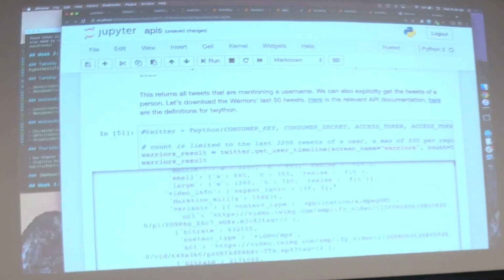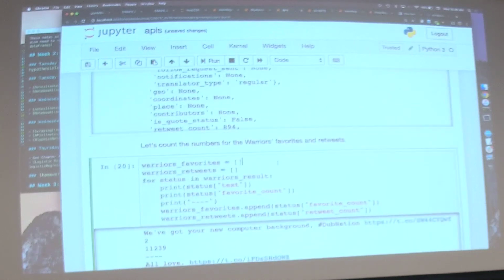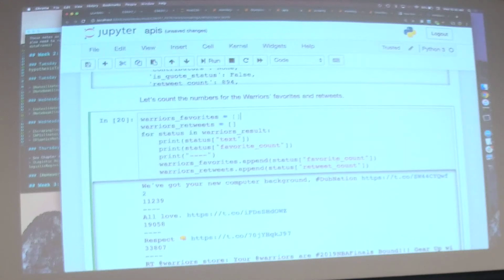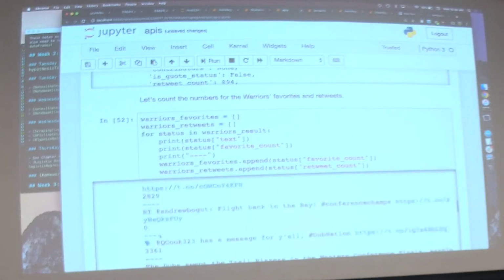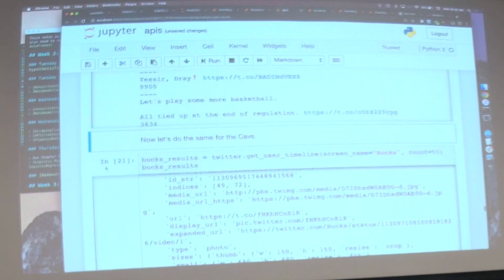So these are the tweets that the Warriors have made. And then we can count the number of favorites and number of retweets. So here's all their tweets.